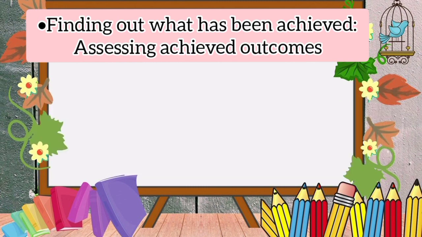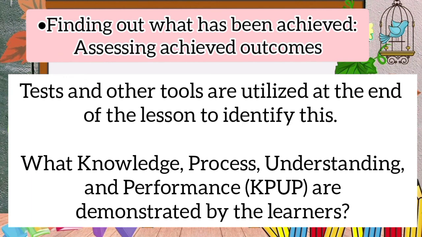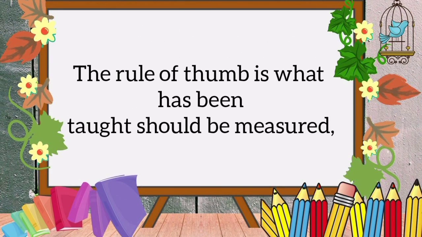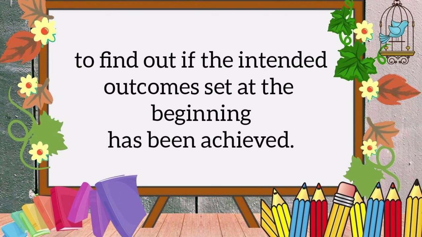Tests and other tools are utilized at the end of the lesson to identify this: what knowledge, process, understanding, and performance, or the KPUP, are demonstrated by the learners. The rule of thumb is that what has been taught should be measured to find out if the intended outcomes set at the beginning have been achieved.